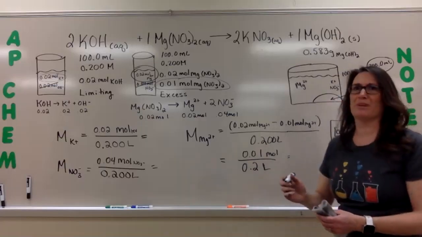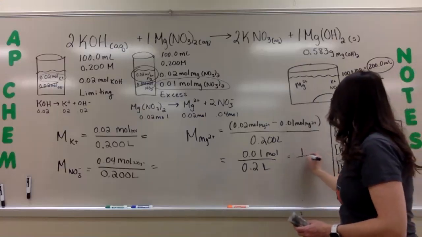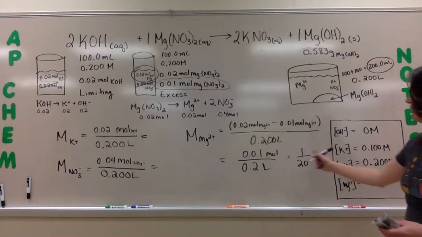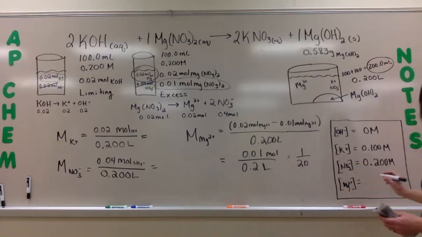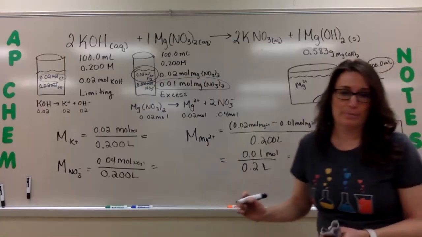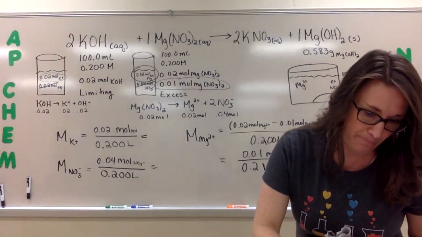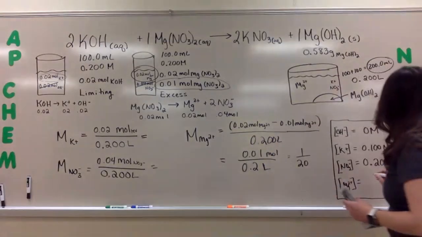What would you guys put? Just do 1 over 20. Oh my goodness, I was going to do 10 over 200. That's gone too far. 1/20th is 0.05. Okay, good.